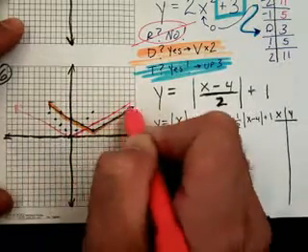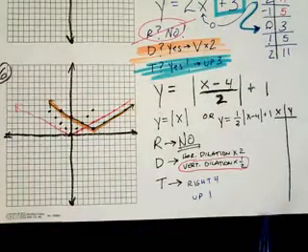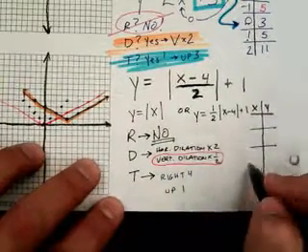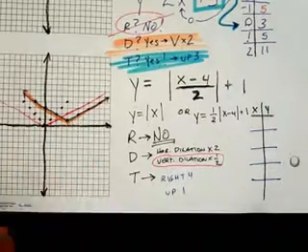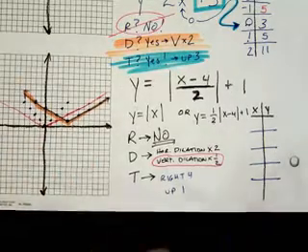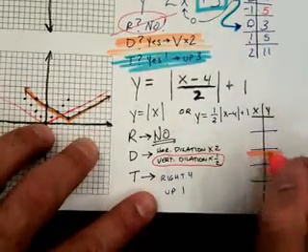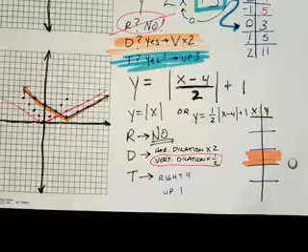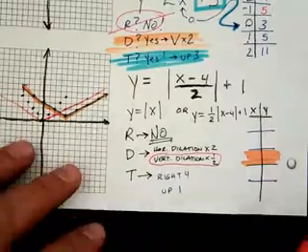Let's talk about checking the V. When we check with a table of values, whether you're doing an absolute value function or a parabola, you want to start your table of values by thinking about where the vertex will be. Wherever that vertex will be, that's the number for x that you use in the middle of the table. The middle of the table here will begin when x is 4.